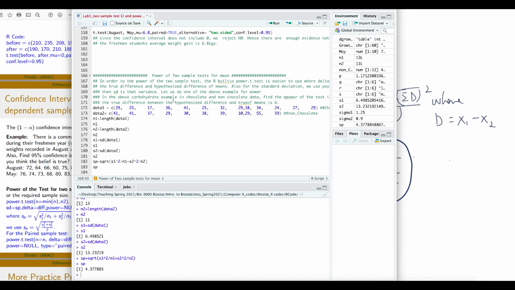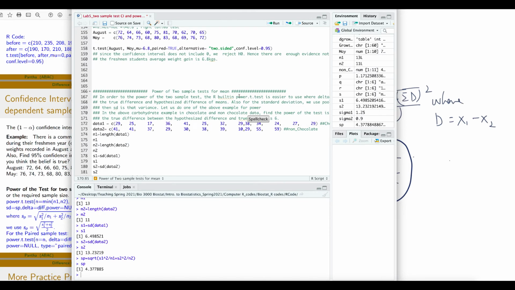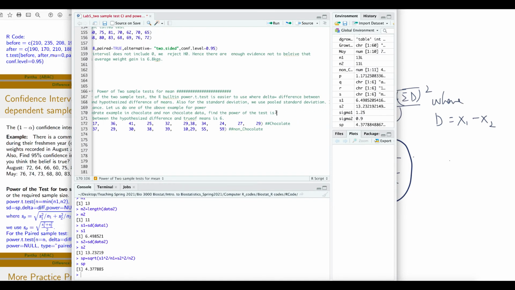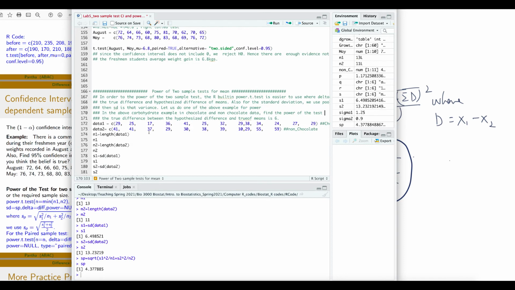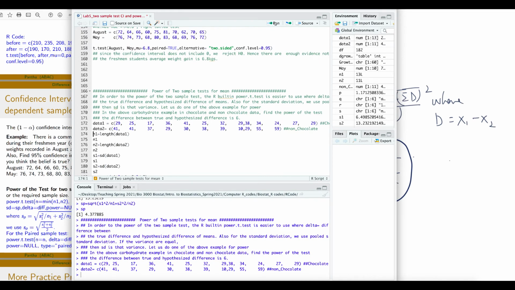In the above carbohydrate example, in the chocolate and non-chocolate data, find the power of the test if the difference between the true and hypothesized difference is 6.